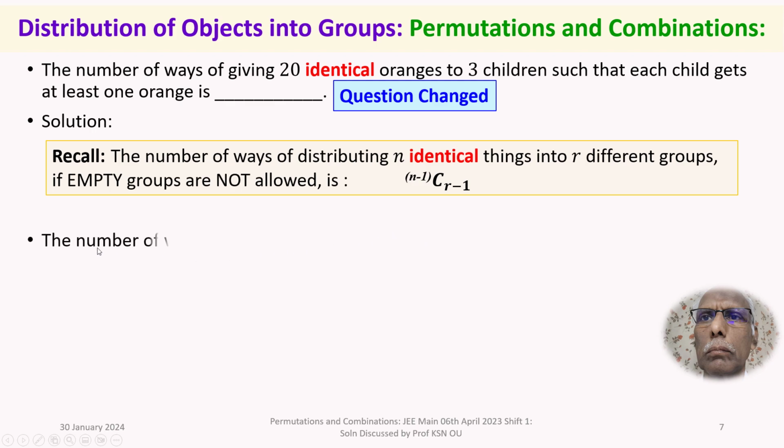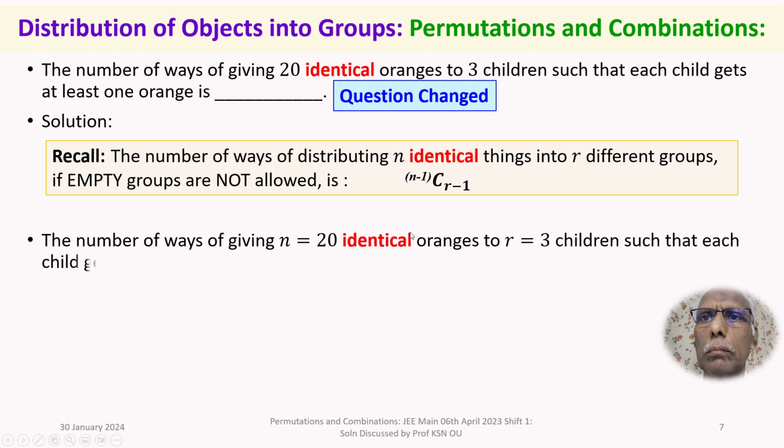In our case, the number of ways of giving n equal to 20 identical oranges to r equal to 3 children such that each child gets at least 1 orange. That constraint is the same as empty groups not being allowed. So that will be equal to (20 minus 1)C(3 minus 1), that is 19C2.